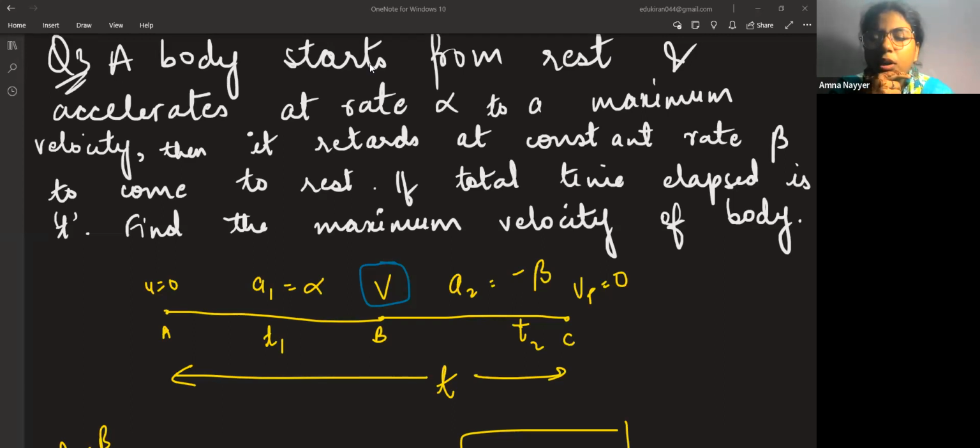Okay, one more thing I wanted to ask you all. Is there any student whose exam is coming soon with motion in a plane? Motion in a plane is also included. Sarah, in your school, I remember 2 lessons are coming, right? Yes, ma'am. And when is your exam, Sarah? This Monday.